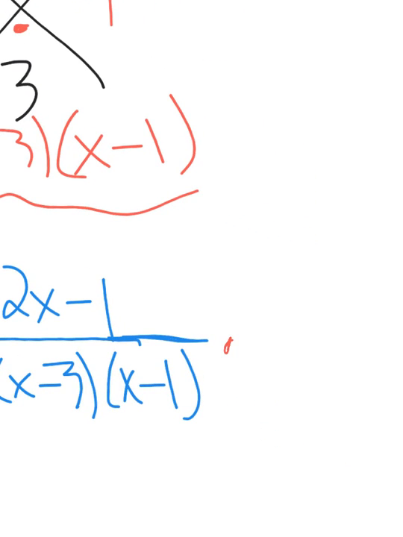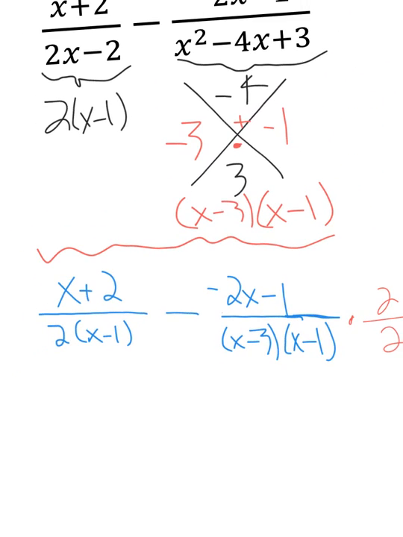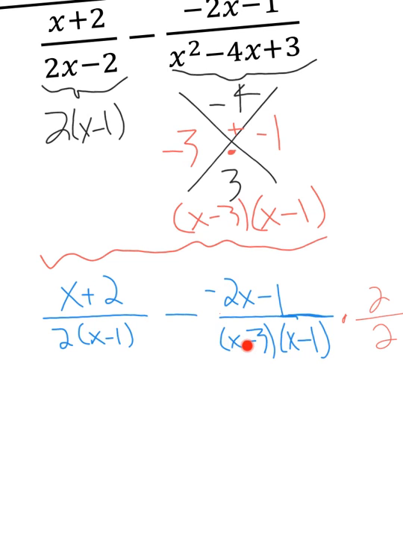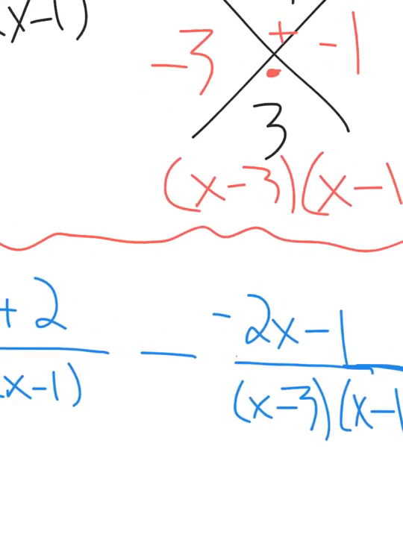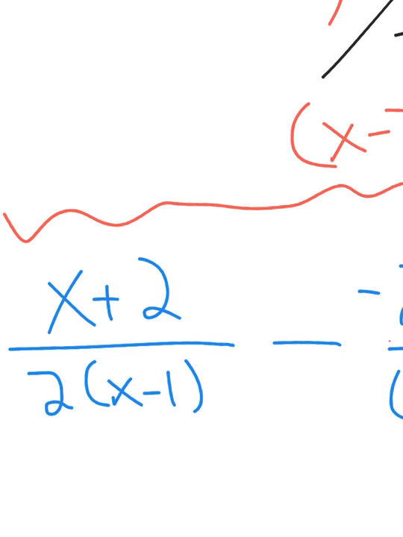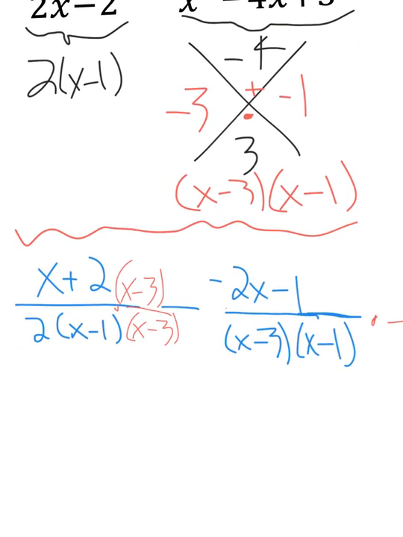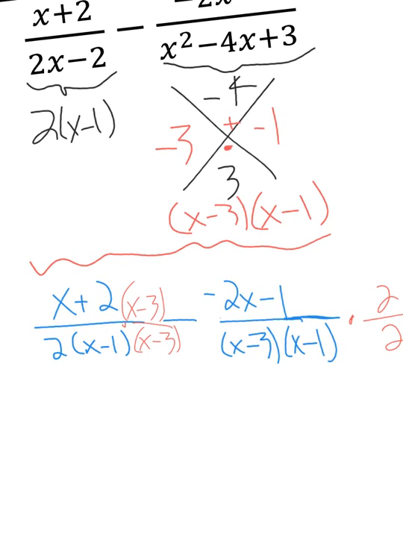So times 2 over 2. And this other fraction has an (x - 3) that this one does not have, so I'll multiply by (x - 3) over (x - 3). All we need to do now is distribute our tops and take it from there.